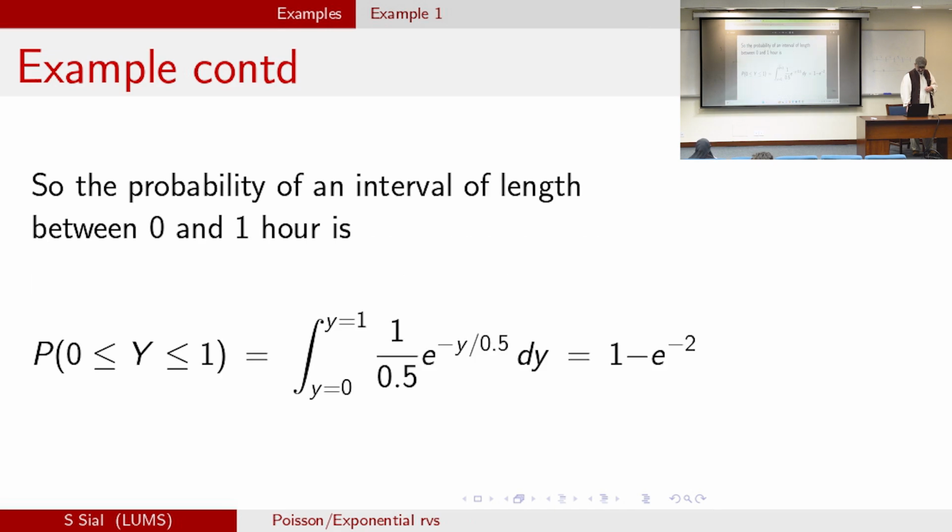Remember, the probability that y takes values between 0 and 1, well, you integrate the PDF for y from y equals 0 to y equals 1: 1 over beta e to the negative y over beta dy. And that works out to 1 minus e to the minus 2.